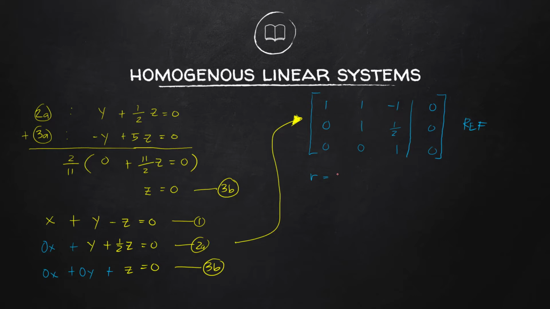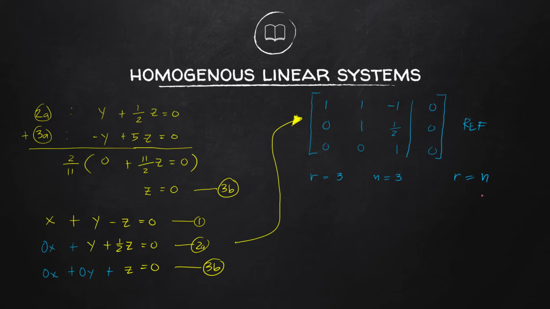So this is equal to 3. And if you will determine n, or the number of variables in these equations, we have 1, 2, and 3. This represents the coefficients of x, coefficients of y, and coefficients of z. So this is also 3. And we can say that r here is equal to n.